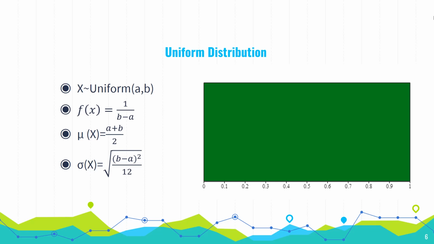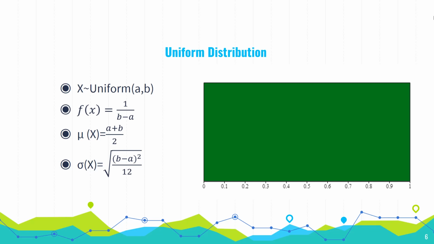If you're interested, you don't have to use this, but the density function is 1 over b minus a, which is to say, in this case, the density is just the height of the rectangle. Since the base of the rectangle has a length of 1, the height is also going to be 1, because the base times the height has to equal 1.